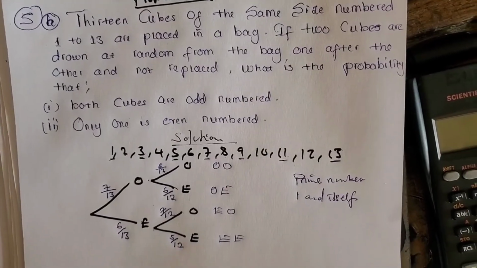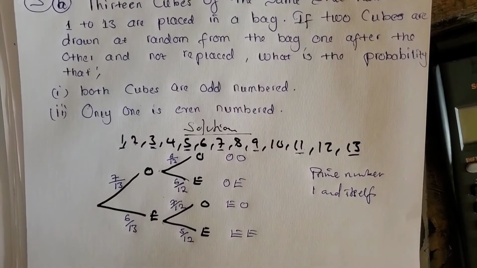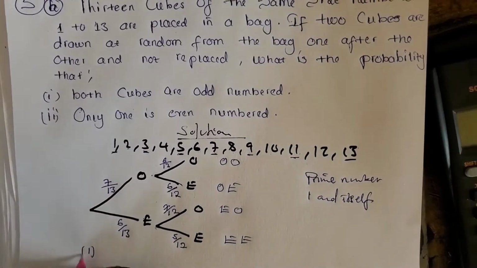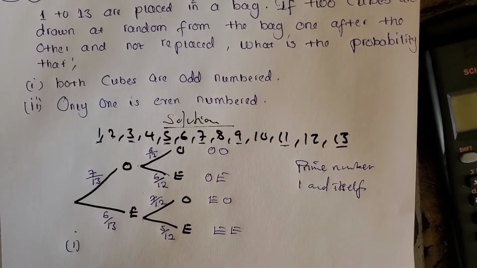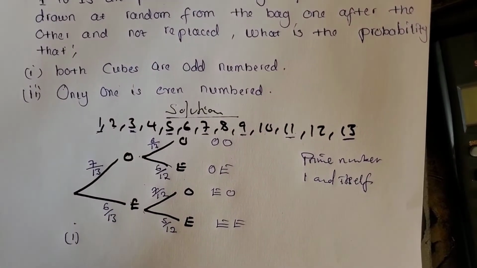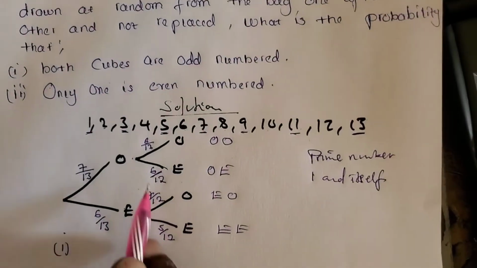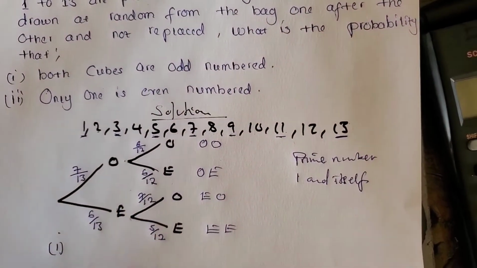So the first question is to calculate the probability that both cubes are odd numbered. So we are going directly where we have odd, odd, right?